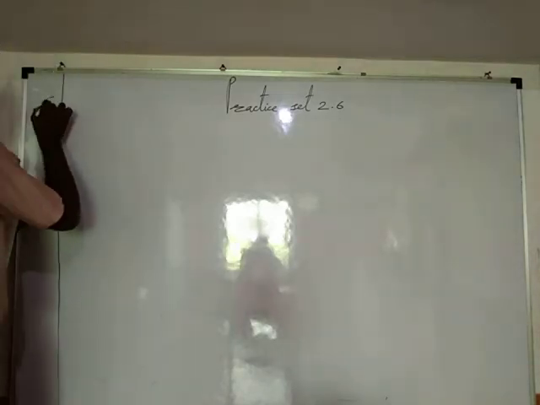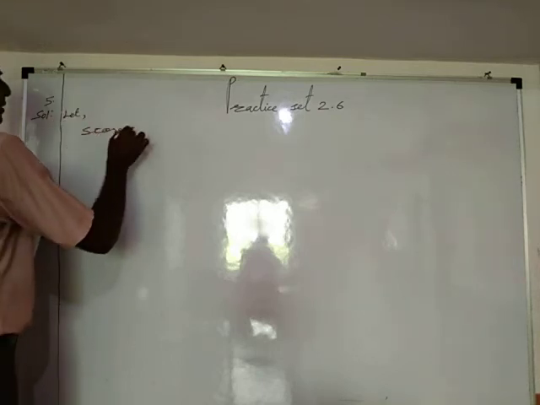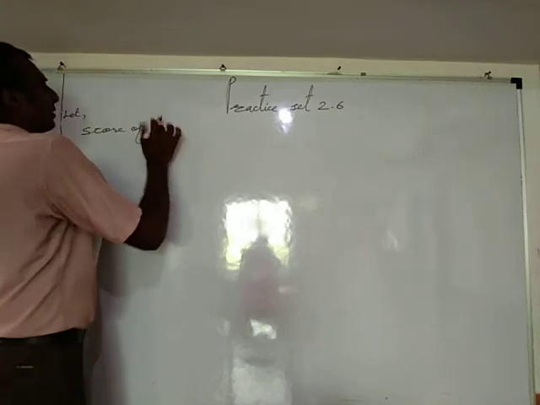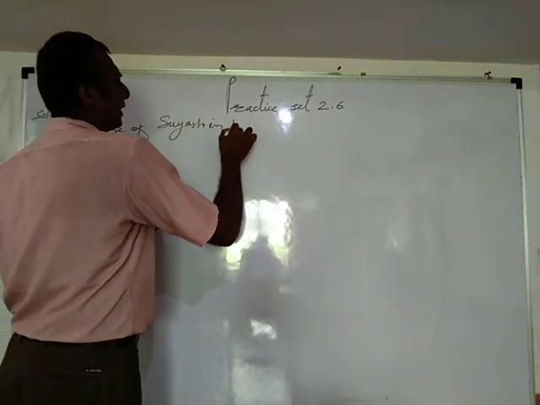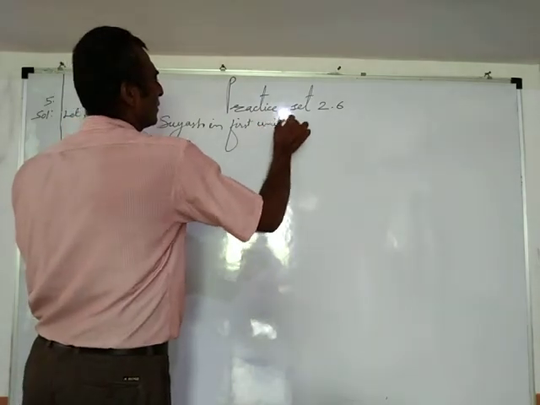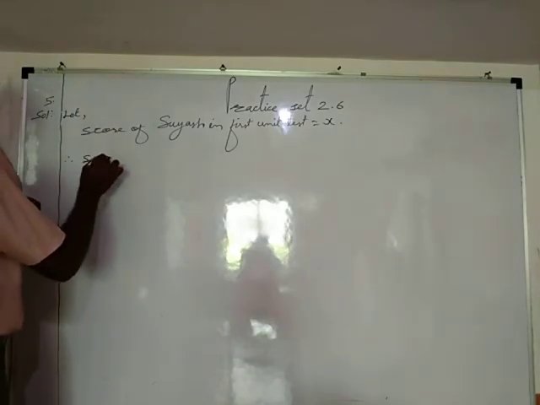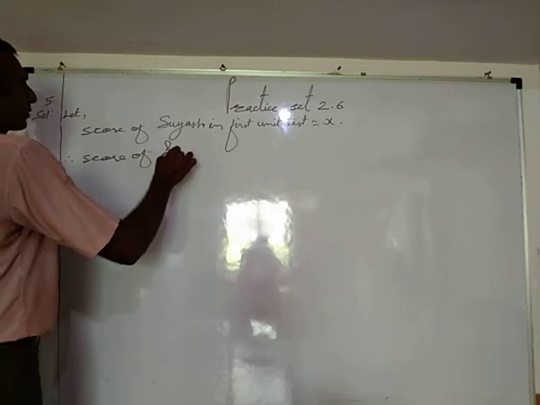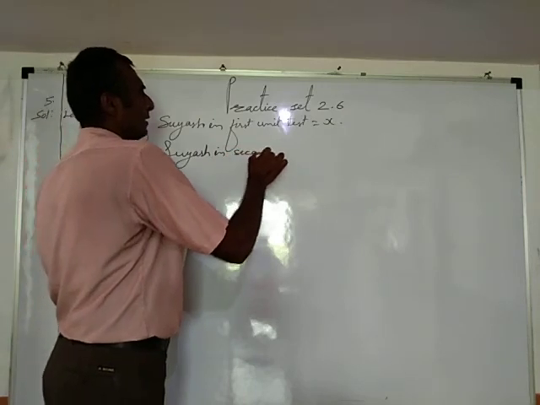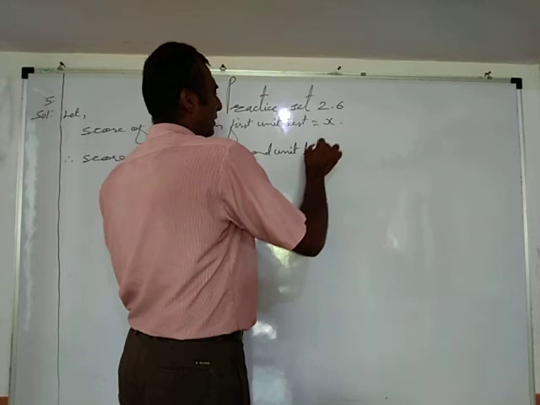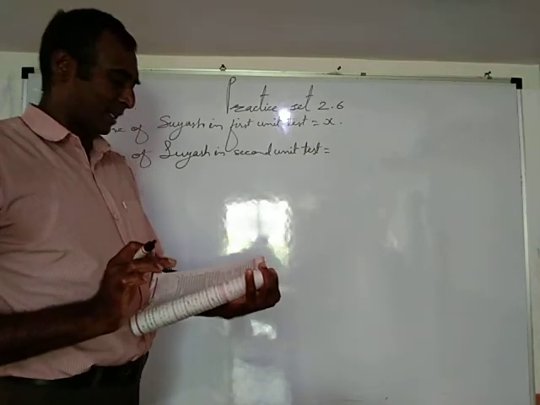Okay. Question 5th. Solution. Let the score of Suyash in the first unit test equal x, and therefore the score of Suyash in the second unit test equals x plus 10, because Suyash scored 10 marks more in the second test.